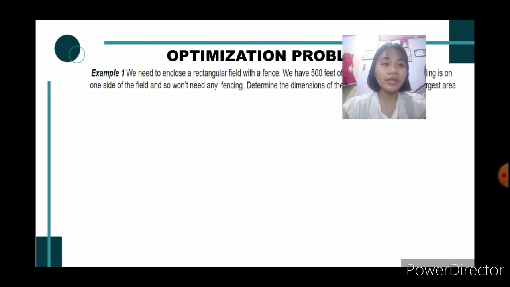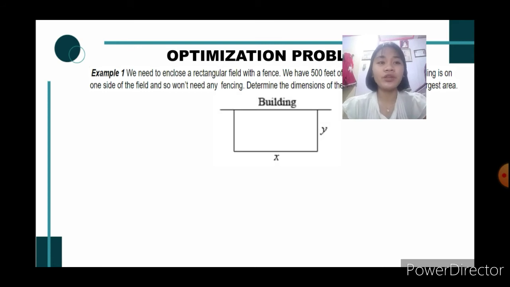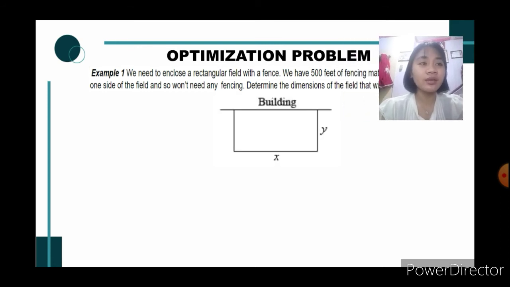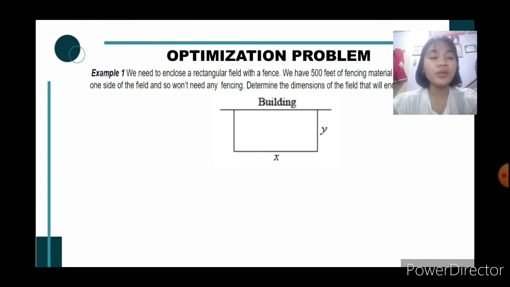So, let's do that. Feel free to pause the video para ma-figure nyo or ma-drawing nyo kung ano yung hinihingi dito sa example number 1. And, ito nga. So, ayan na yung magiging figure ng ating illustration. Ay, ng ating example.